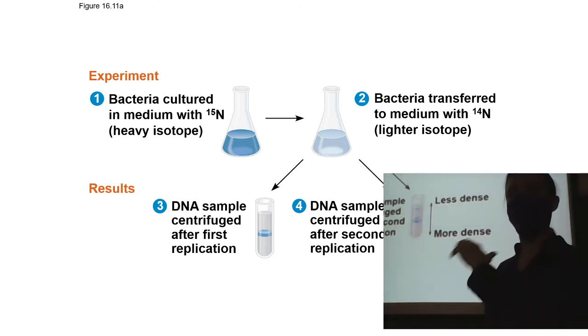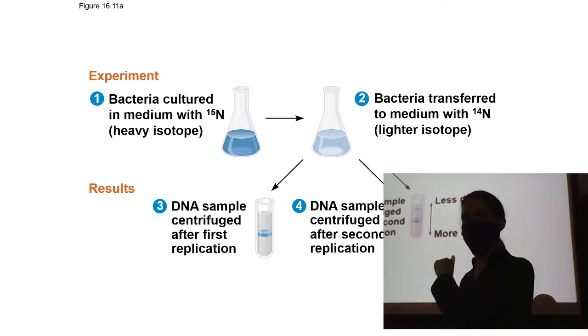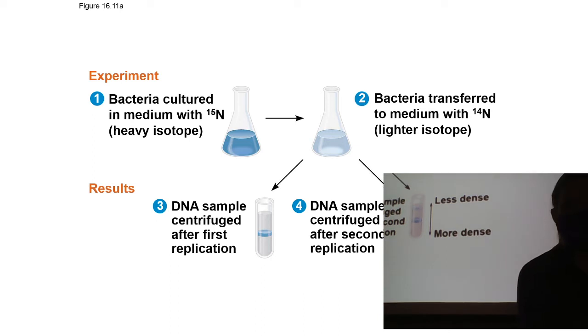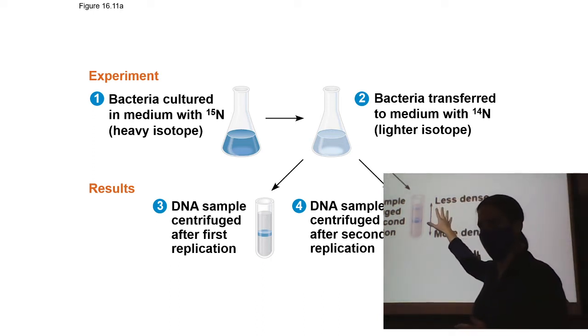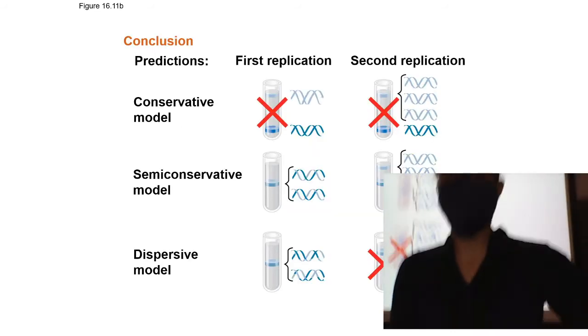It might not be intuitively obvious that this proves that it's semi-conservative, but let's look and see what would have happened with other things. Is everyone okay with what's going on in this picture? Like how we have this? The take-home message is something like this.